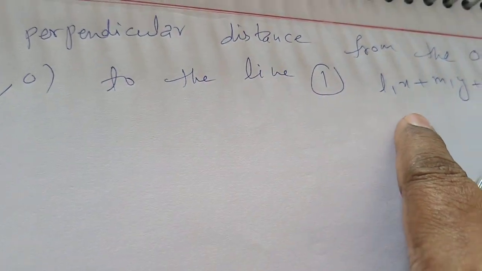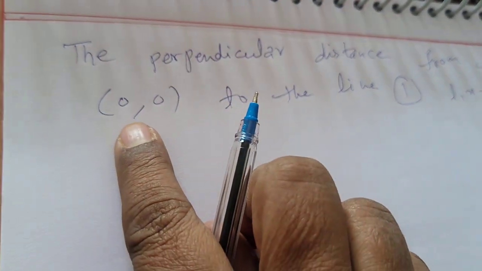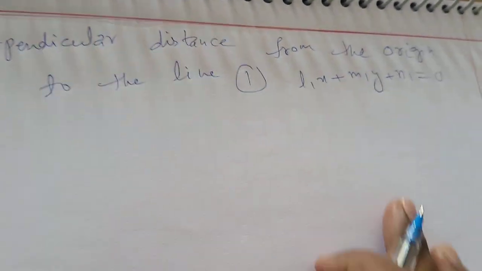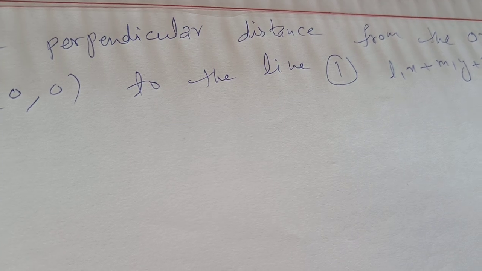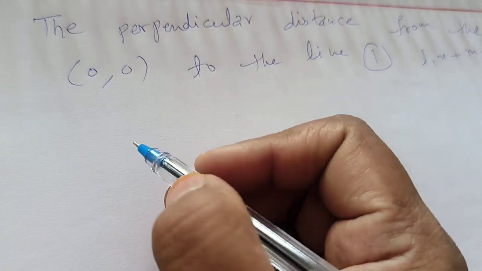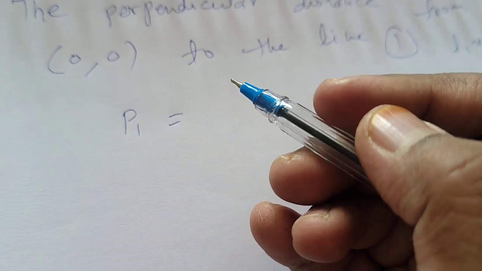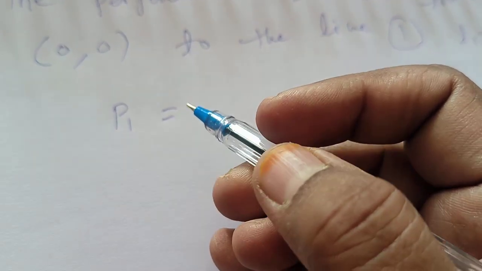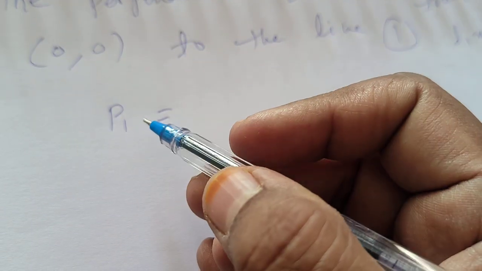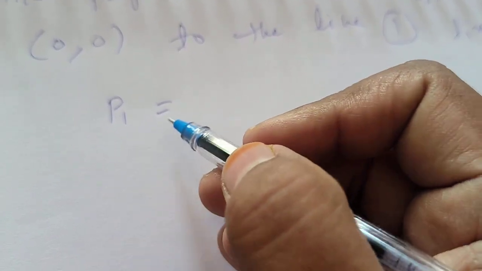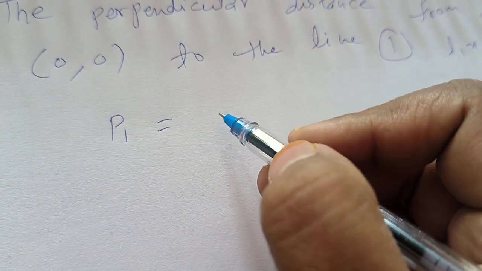So in place of x1, y1 we will substitute 0, 0. Here the product of the perpendicular distances, the product is denoted by the letter P. This is P1, the first perpendicular distance.